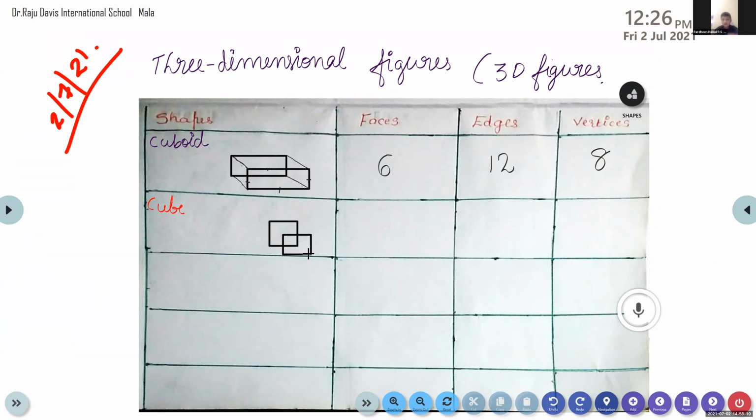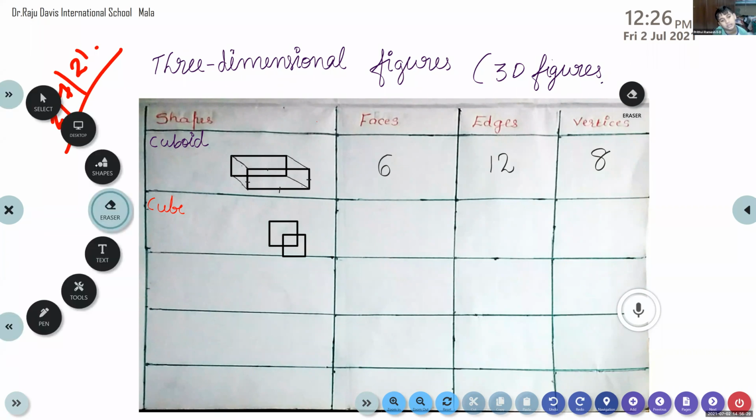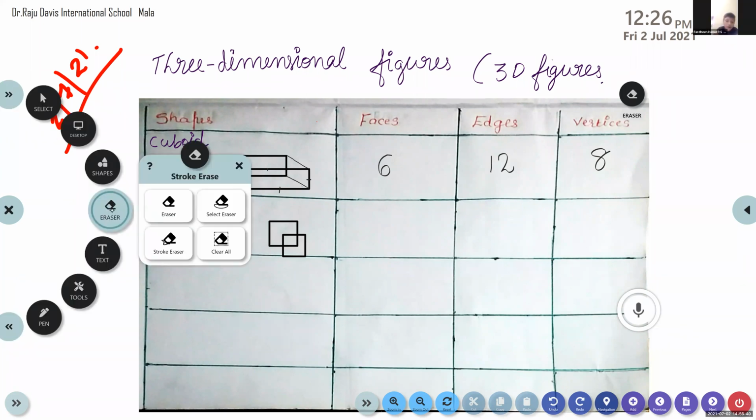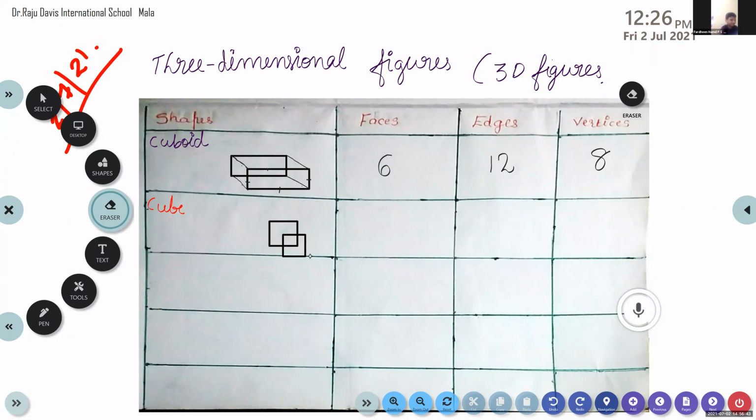7 edges? Who counted 7 edges? Now we should connect. Two squares you have to draw.